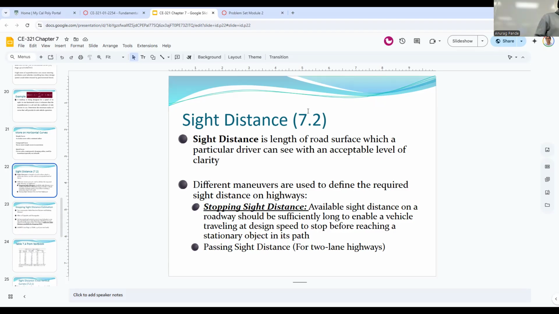So obviously, if you have a straight road with no curves, no visual obstruction, you will be able to see a larger distance. Now here in roadway design, we don't necessarily talk about fog, for example, or some other temporary obstruction to visibility. During rain, a snowstorm or fog, you might have a temporary limitation on your sight distance.